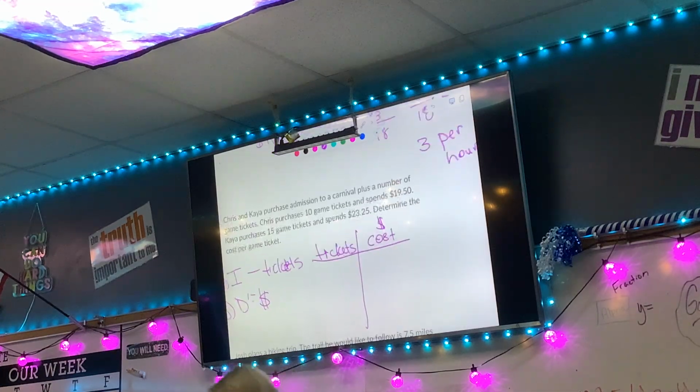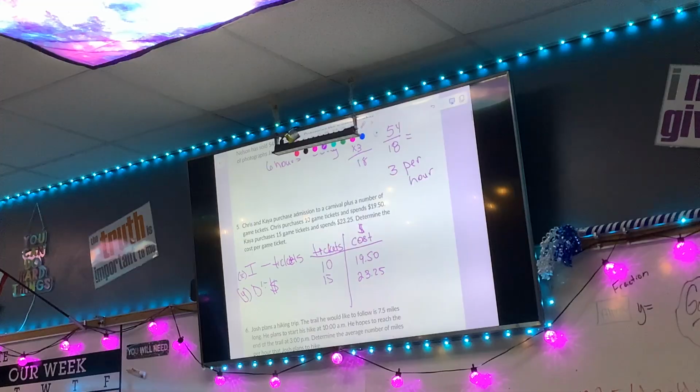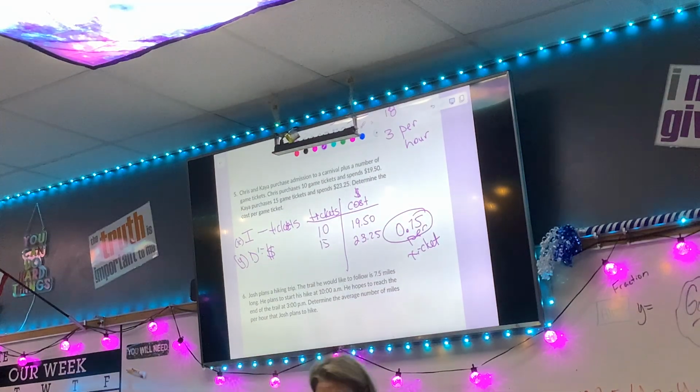So 10 game tickets was $19.50. 15 game tickets was $23.25. How much was it per ticket? 0.75. Cheap tickets. Per ticket. Okay, you figure out if this is a dependent or independent and solve it.